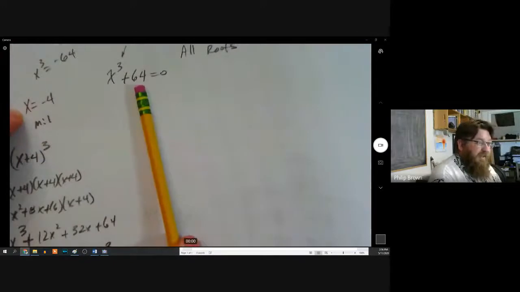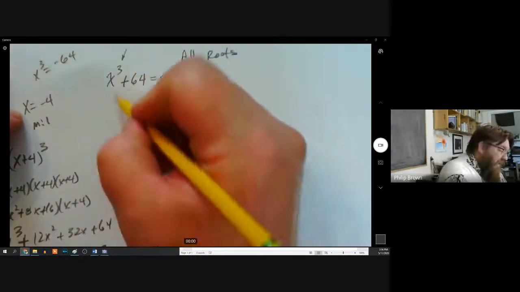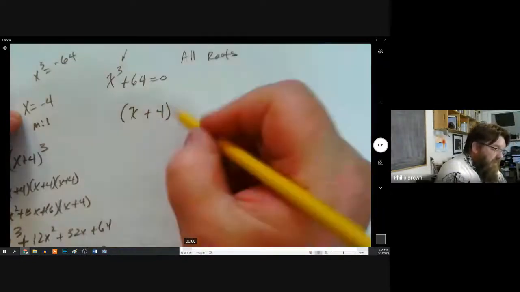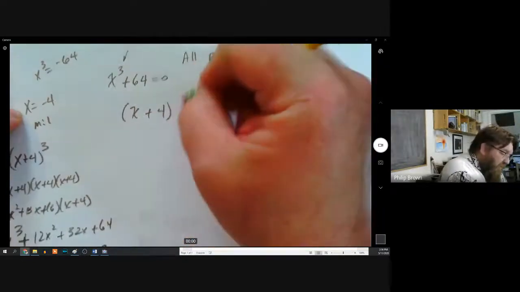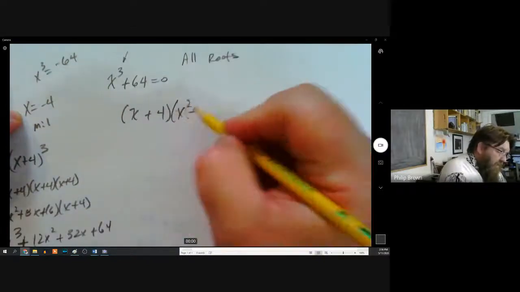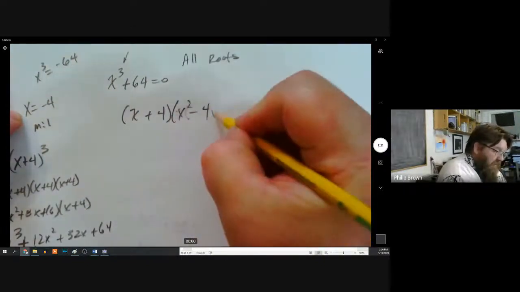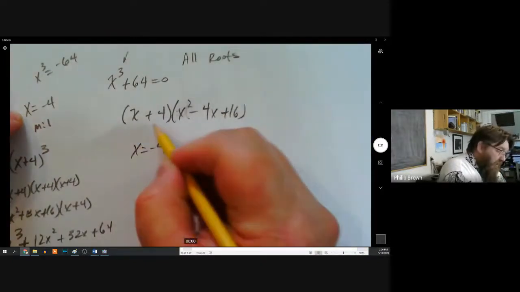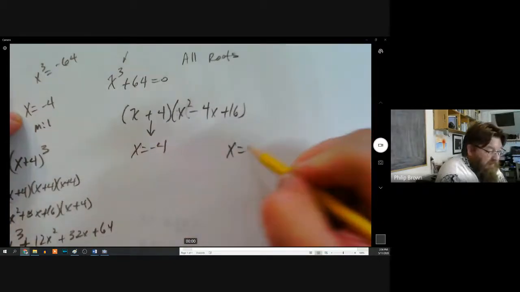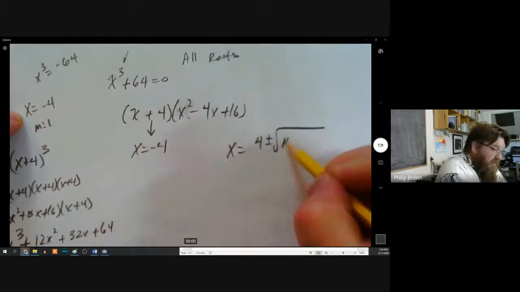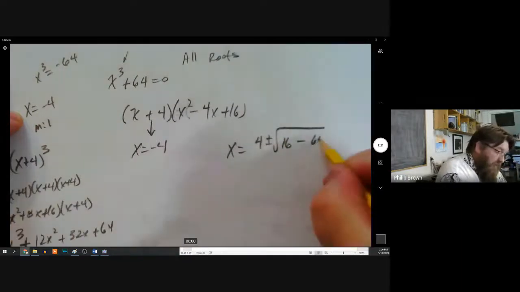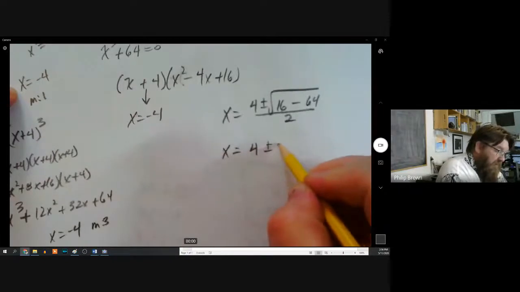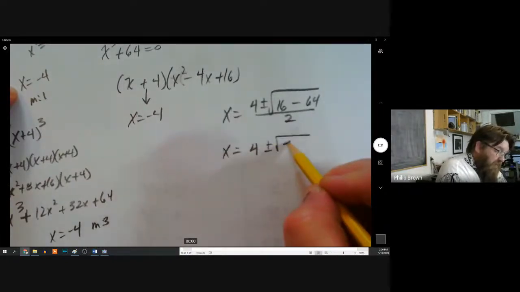This one is totally different. You have to recognize that it's the sum of cubes. You see it's x cubed plus 4 cubed. So you have to use the formula: (x plus 4)(x squared minus 4x plus 16). So this one is x equals -4 from that factor. And for this one, you have to use the quadratic formula. x equals 4 plus or minus the square root of -48 over 2.